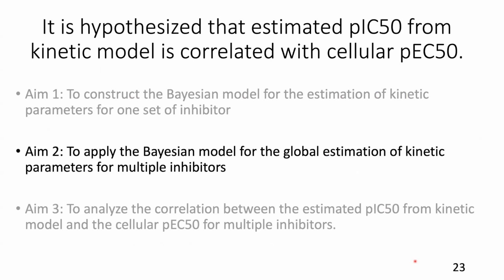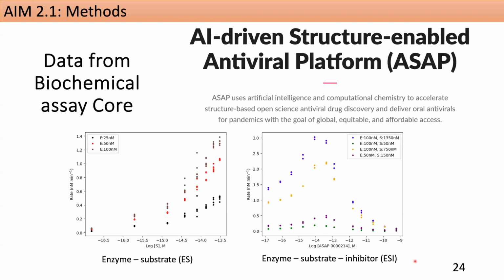So that was our first step, to apply this regression method to get an idea of what these parameters are. And then we wanted to see whether we could work with multiple inhibitors. That was the next step that we considered. And we started analyzing data that was collected from Chaim Bar's group at ASAP.